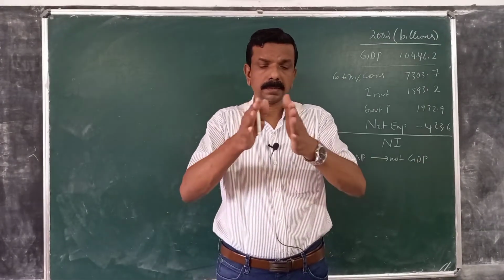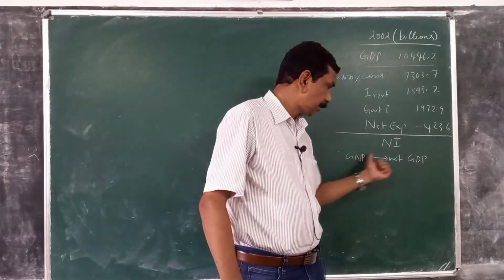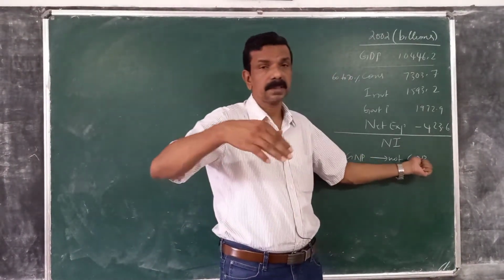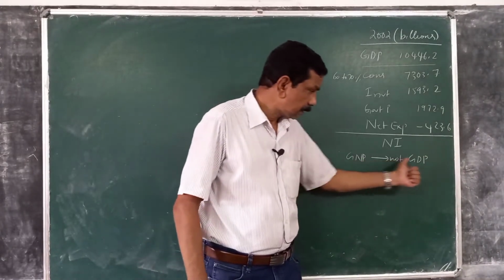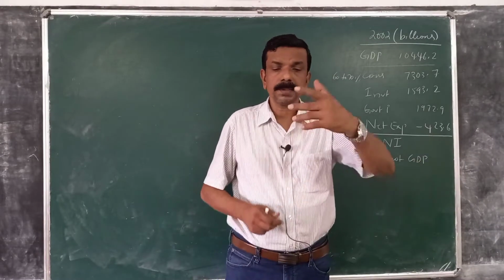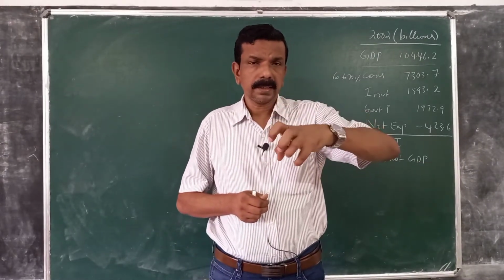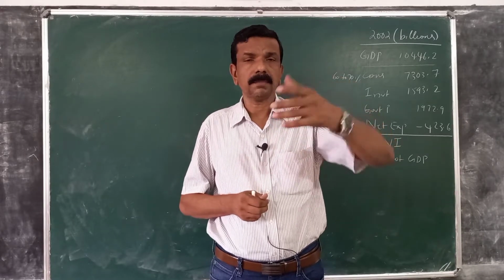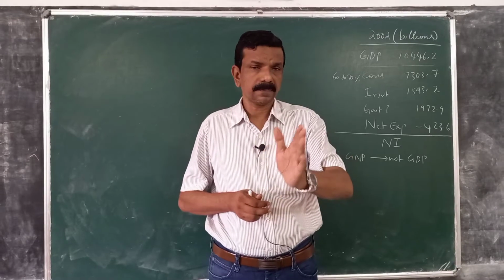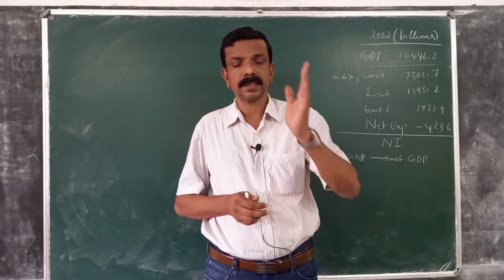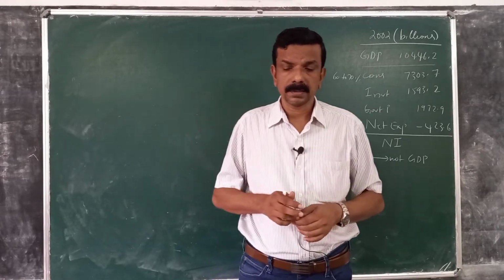And in the previous class we have discussed how to move from GNP to GDP or from GDP to GNP. So, if we start with GDP, GNP can be obtained by adding the earnings of citizens abroad and subtracting the earnings of foreign nationals within the nation. That is something which we have considered.